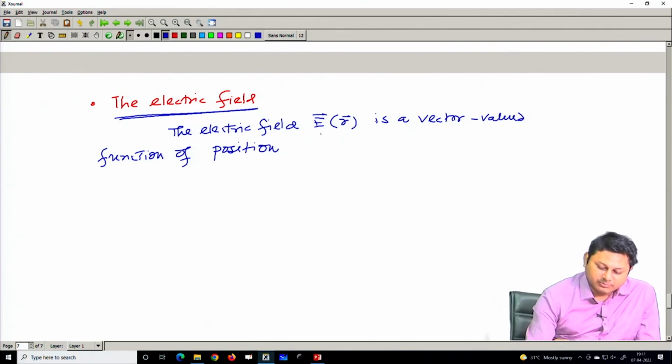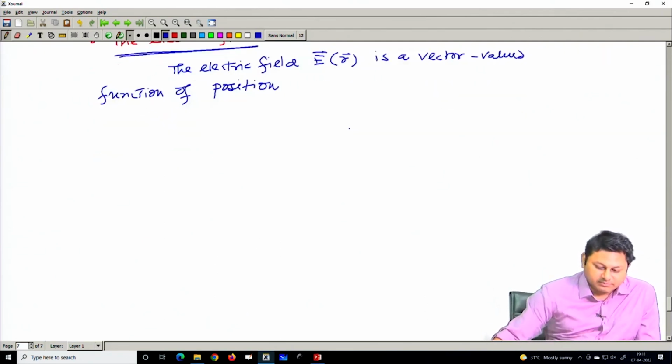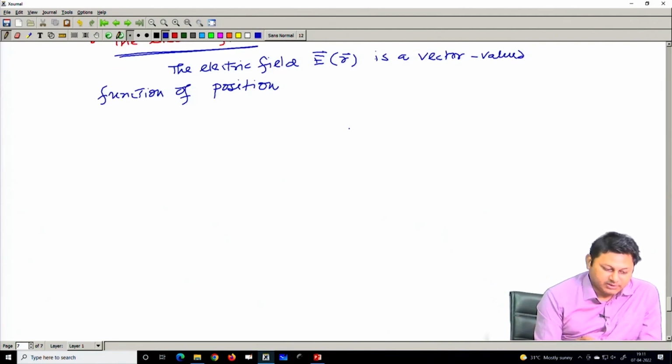This is a vector and it is a function of position at different points.